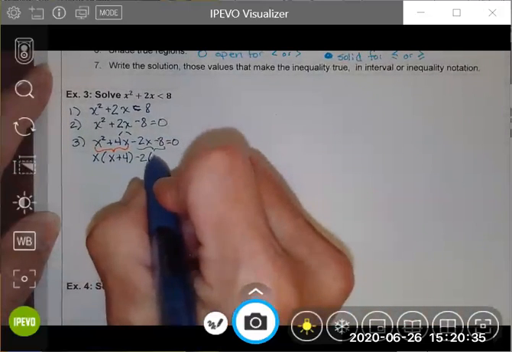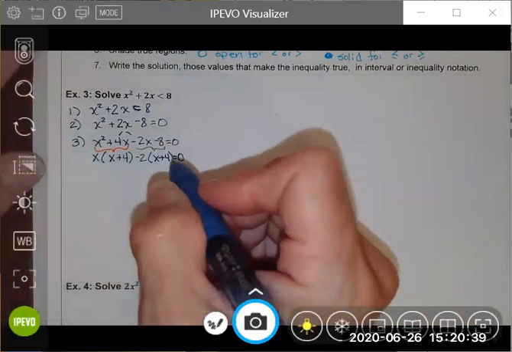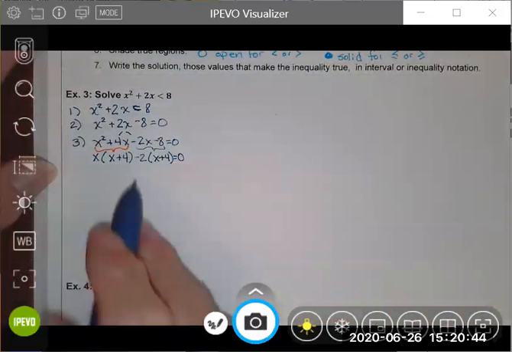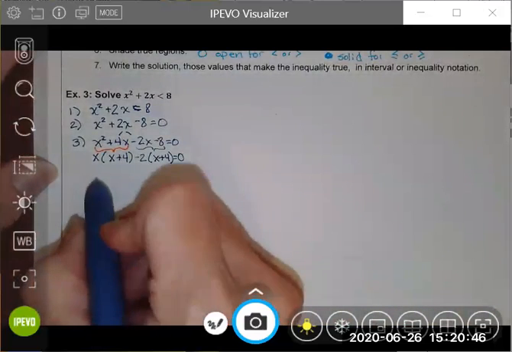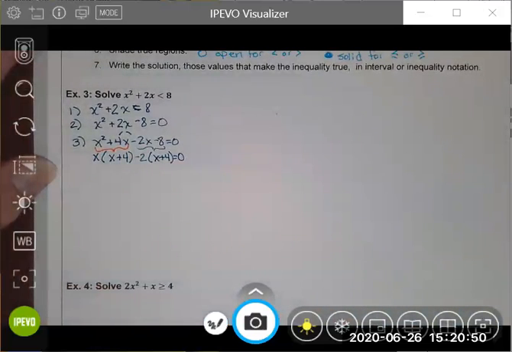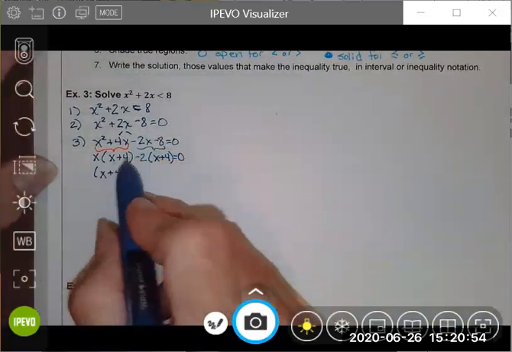I get x plus 4 inside the parentheses, which is what I want, because basically what I did was undistribute, or factor out the x plus 4. So one of my factors is going to be x plus 4, because that's what I factored out.